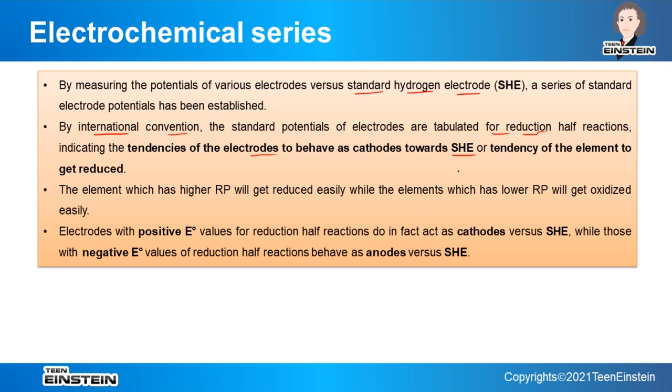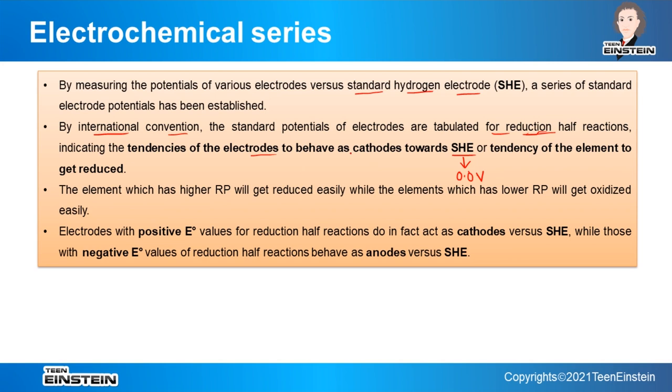If this tendency is very high, then the reduction potential value will be very high. For SHE, the E value we consider is 0.0 volt. So if the tendency of the electrode to behave as cathode towards SHE is very high, it will have a positive value for electrode potential.